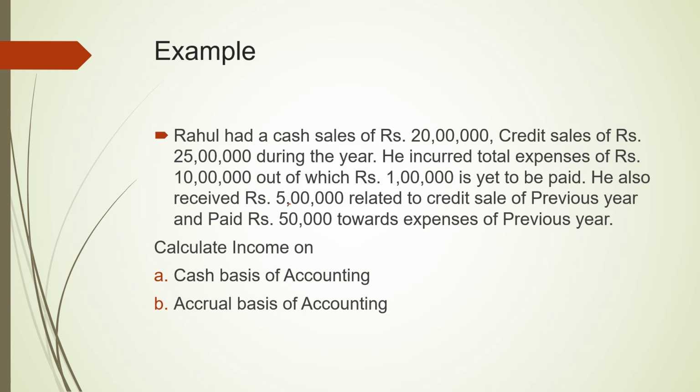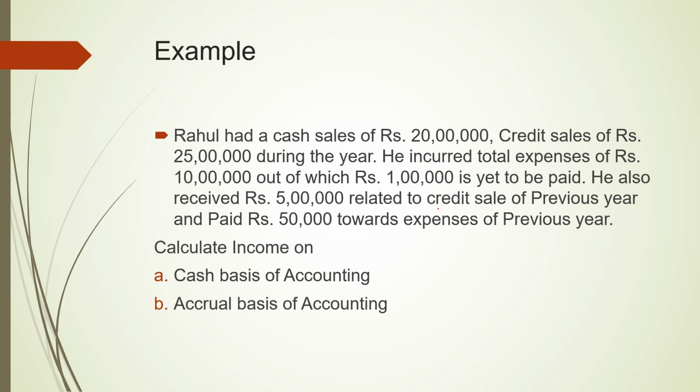He also received rupees 5 lakh related to credit sale of the previous year. In the previous year, Rahul had made a credit sale. It is income related to the previous accounting year, but being a credit sale, the amount was received in the current year. How was that possible? Suppose a sale took place almost at the end of March, a credit sale.